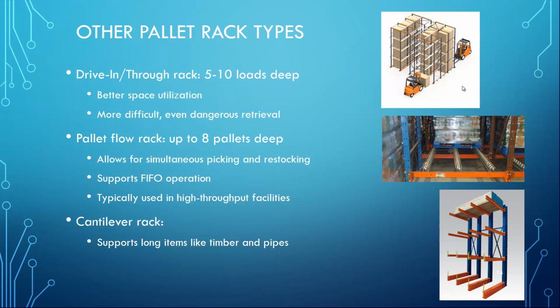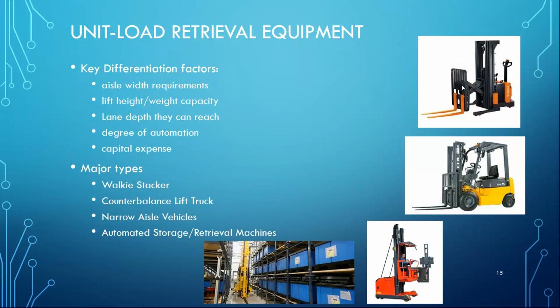Pallets of long items such as timber or pipes or lumber could be stacked on cantilever, and we'll talk about that later. To retrieve pallets, unit load retrieval equipment can be used. The features and specs of the equipment will be based on aisle width requirements, the lift height, weight capacity, lane depth that they can reach, the degree of automation, and the capital expenses.